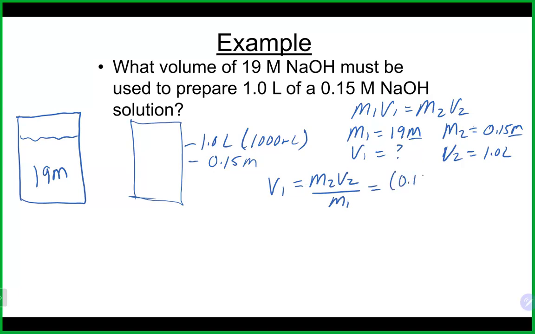So we have 0.15 molar times 1 liter divided by 19 molar. The molarities are going to cancel, and the units I'm going to be left with when I get my answer are liters. And when you do that, you end up with 0.00789, and that's liters.